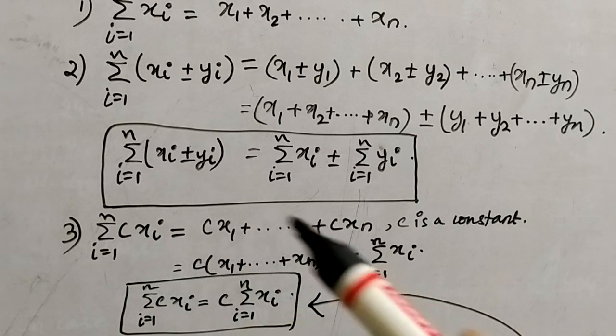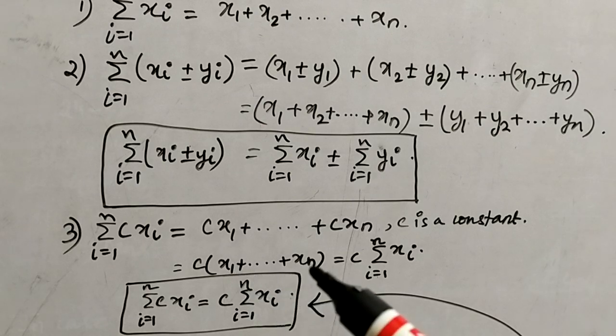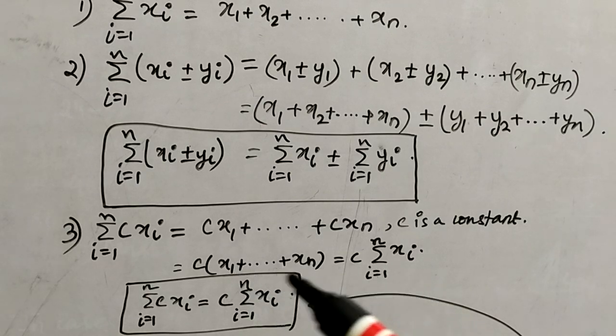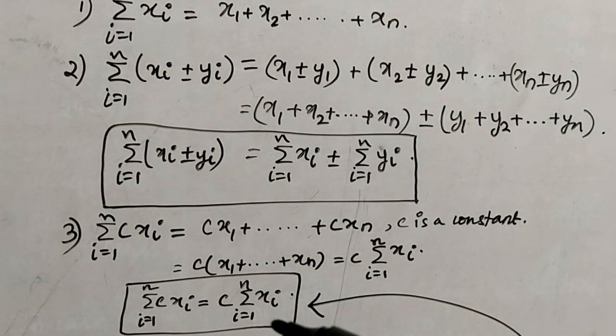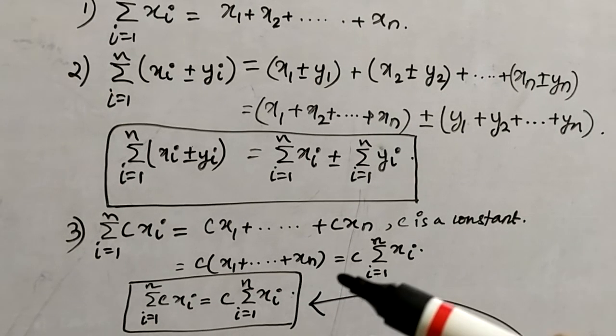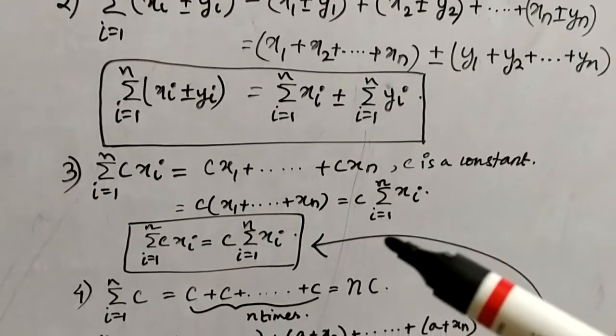We can easily take out c and sum all these x variables. Again, this is from the first formula. Then you can write directly this formula. I just hope you're getting the intuition, the behind-the-scenes of whatever we use in the summation values.